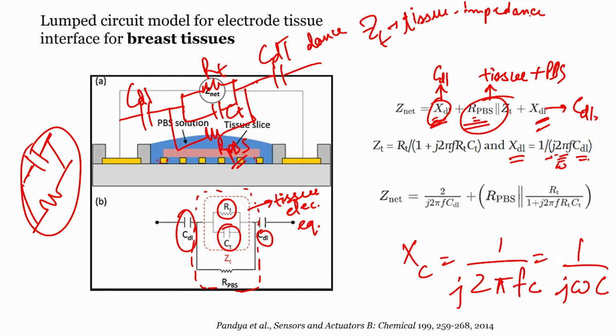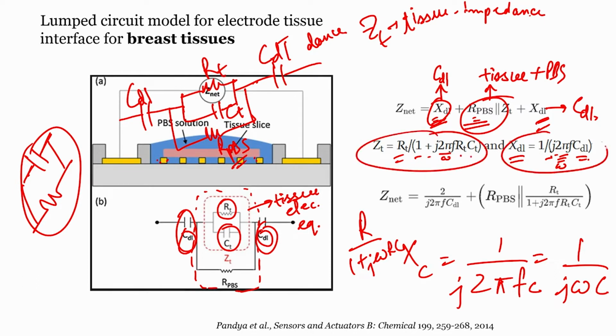One is electrode tissue impedance, which is CDL here, and there is tissue impedance, which can be given by RT, since these two are in parallel. So once you have a parallel RC combination, what will it be? It will be R over 1 plus j omega RC. This is what is written here. R over 1 plus j 2 pi f, which is omega, R, C. This expression is clear.